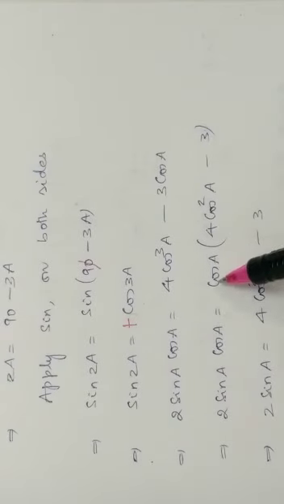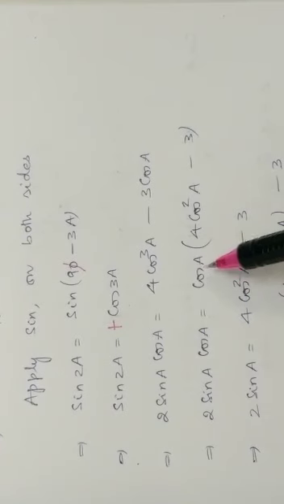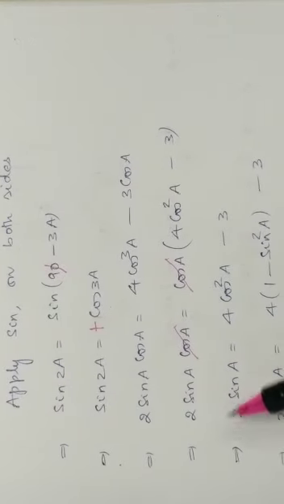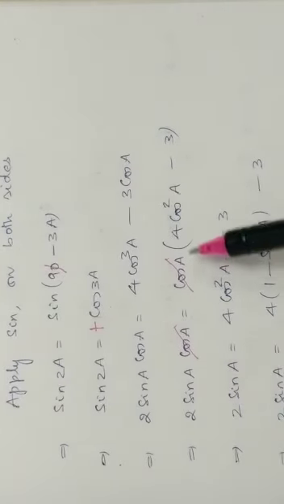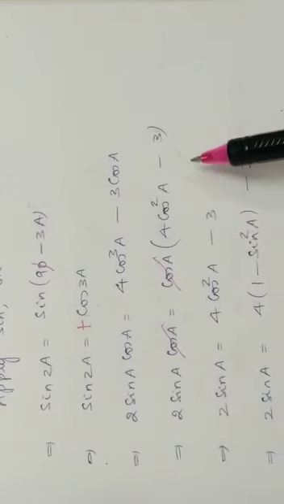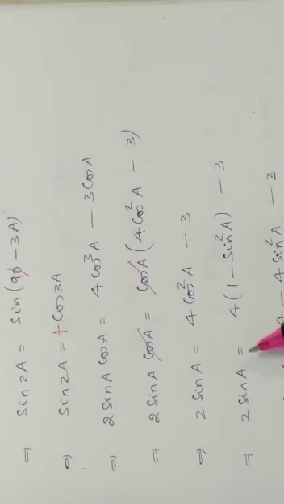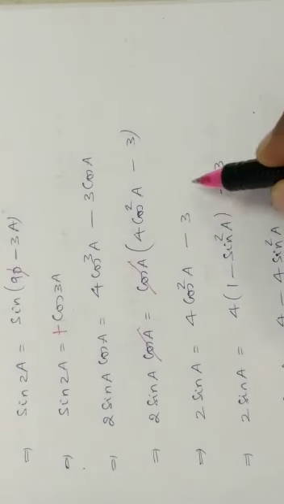Here, cos A is in multiplication. By shifting, it comes to the denominator. So cos A, both sides cancel. The remaining is 2 sin A equal to 4 cos square A minus 3. 2 sin A equal to 4 into cos square A, written as 1 minus sin square A. How?